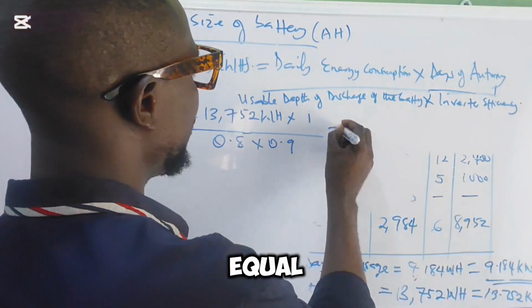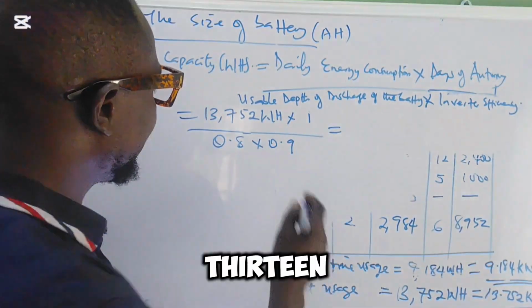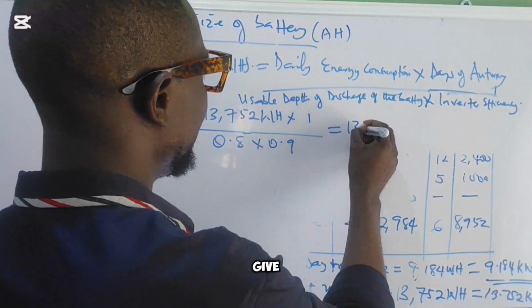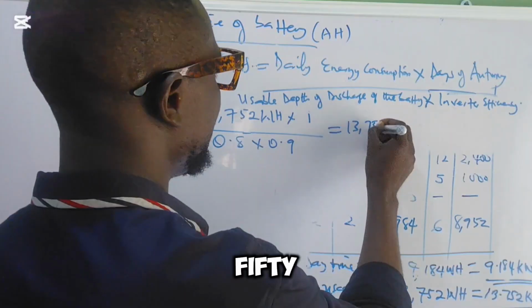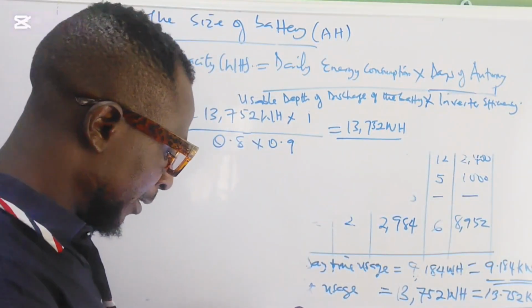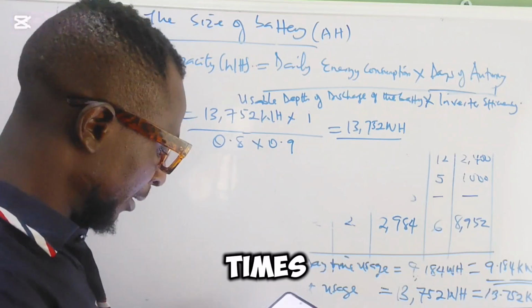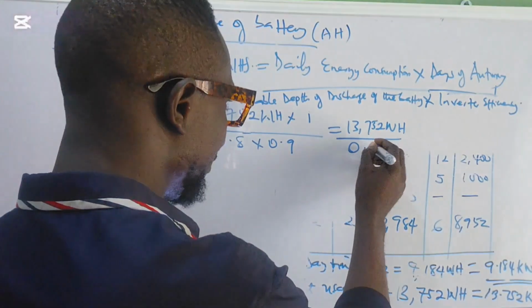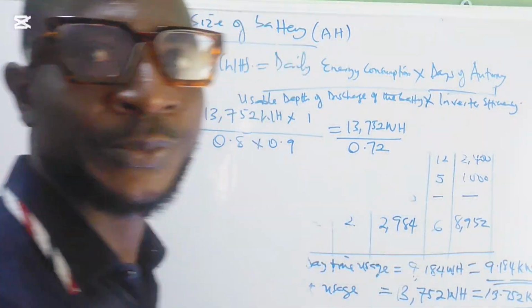So this is equal to 13,752 times 1. It gives 13,752 watt hour. Divide by 0.8 times 0.9. This gives us 0.72.